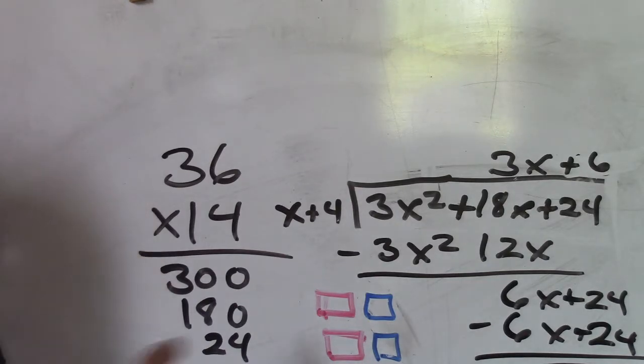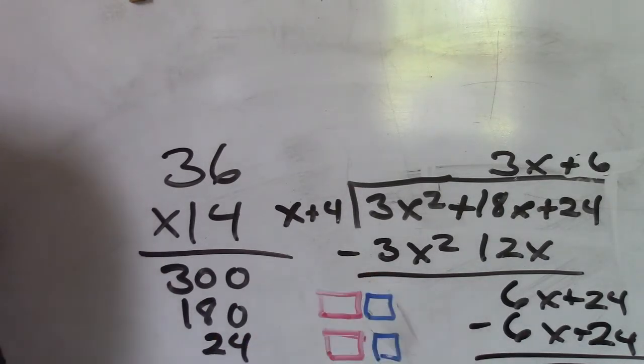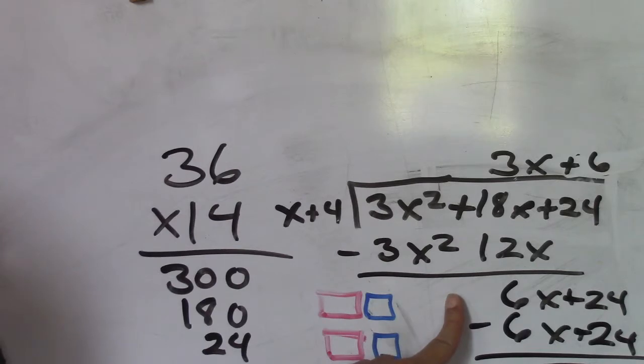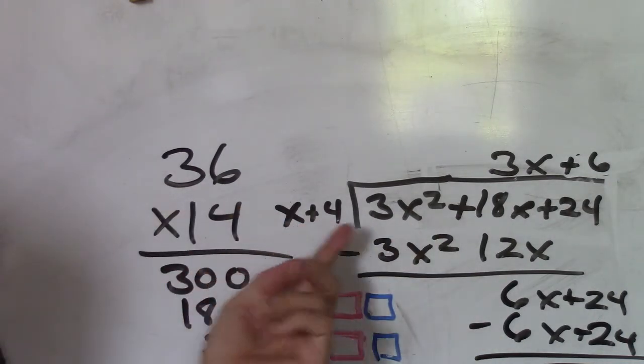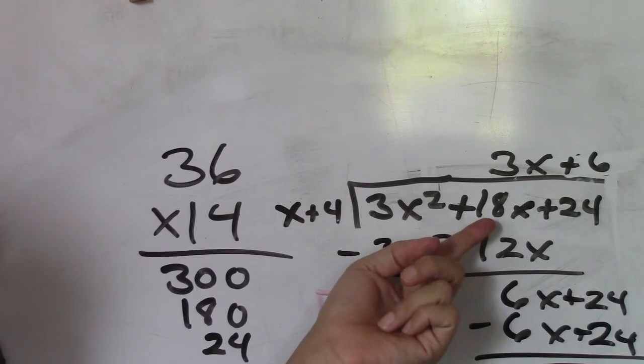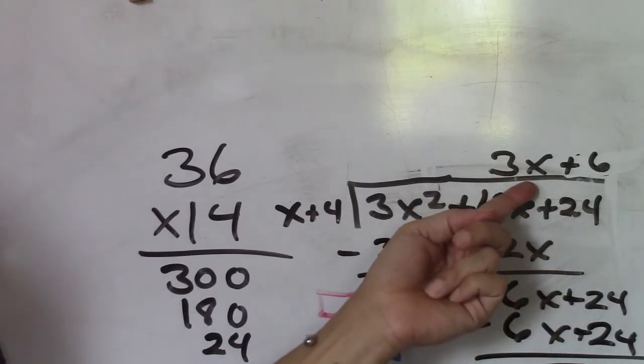Okay, should I do another one? Well, do you see what we did though? Write this down. This is a division problem. And all we're saying is, how many x plus 4s are contained in 3x squared, 18x, and 24? And what it says is, 3 times.